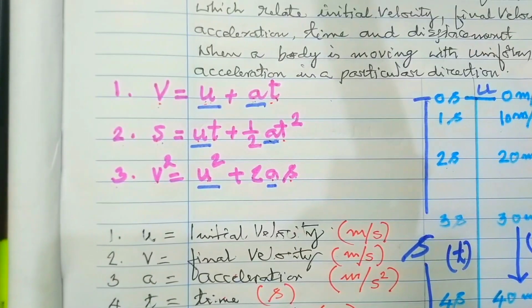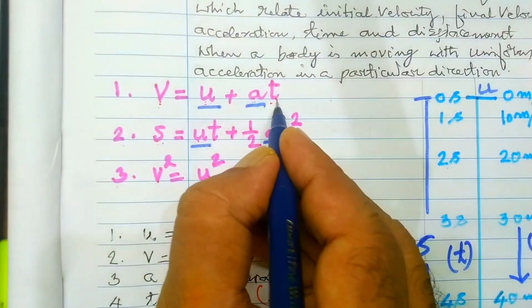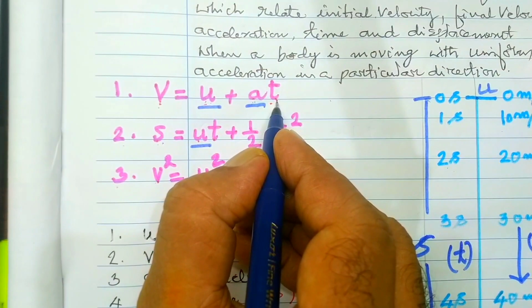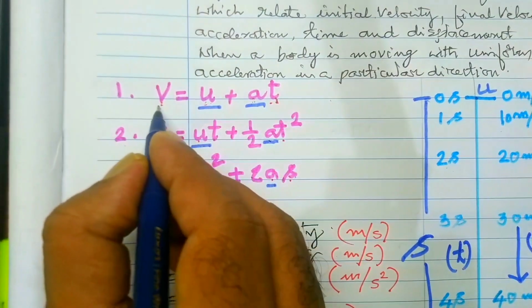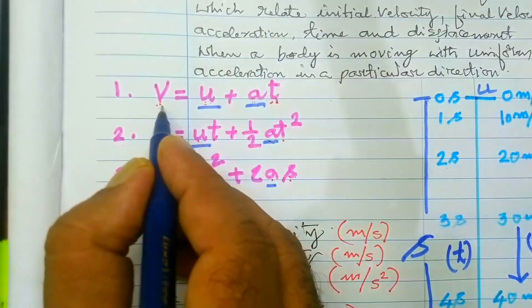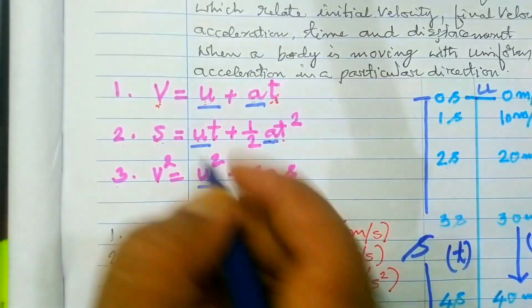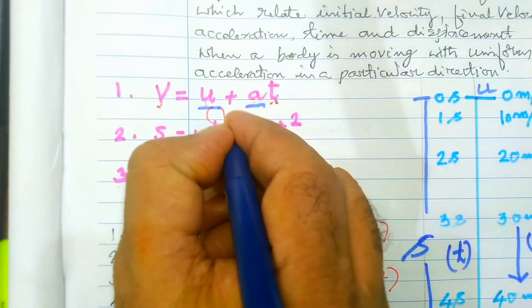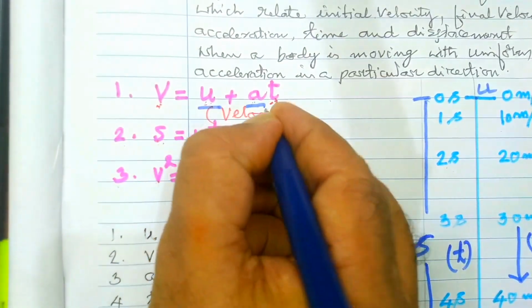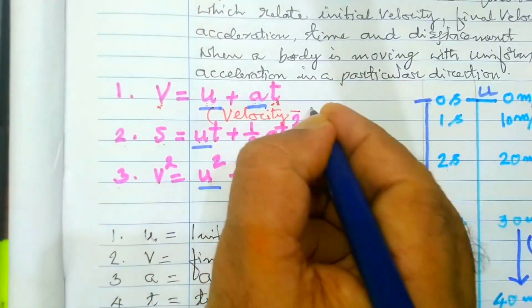Then the quantities which are not common: v and t are not common in the first equation. Therefore, this equation is called the relation between velocity and time. We call it a velocity time relation.